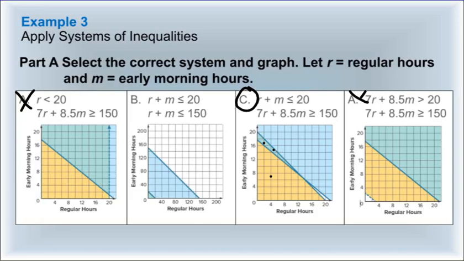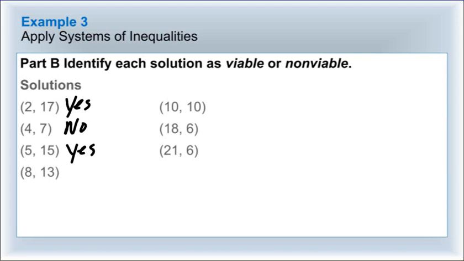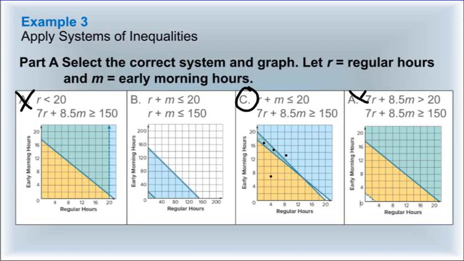8, 13. 8, 13 would be above here. So no, that is not one. 10, 10. So 10, 10 would be inside the green.